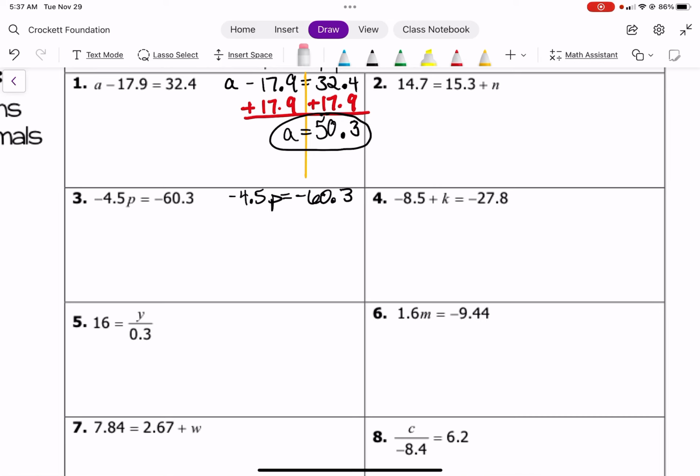All right, now, I always like to draw my symbol down the middle. And if you remember from the other video, this is really negative 4.5 times p. So if p is being multiplied by some decimal, to undo it, we're going to have to divide by that same decimal number. So in this problem, we're going to divide both sides by negative 4.5.